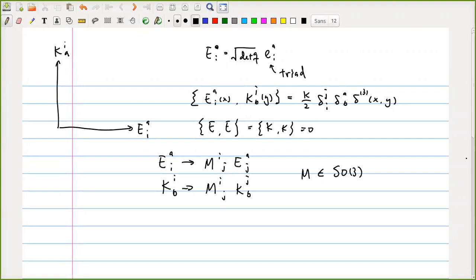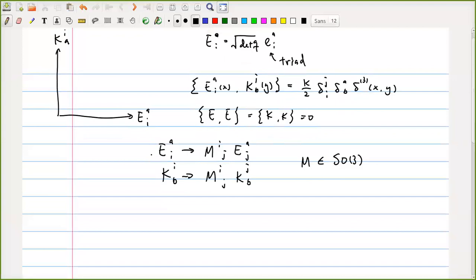Also I have shown you that given this conjugate pair E^a_i and K_i^b, you can determine the ADM variables q_ab and P^ab. But the inverse is not true because you have a gauge degree of freedom. Another way to say it is that you can determine the E and K variables from the ADM variables, but only up to an SO(3) rotation.